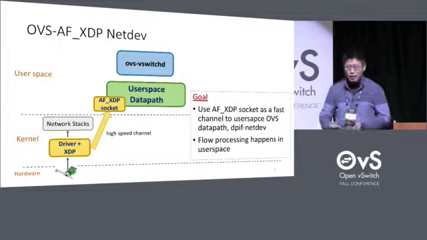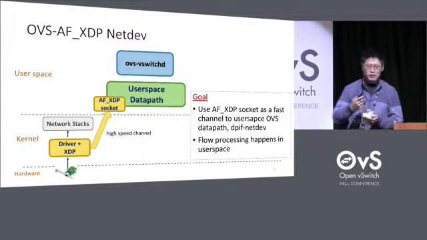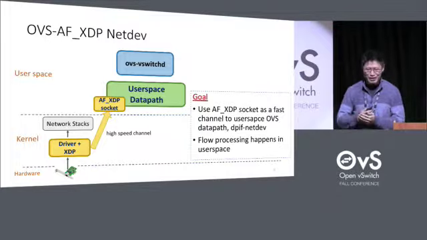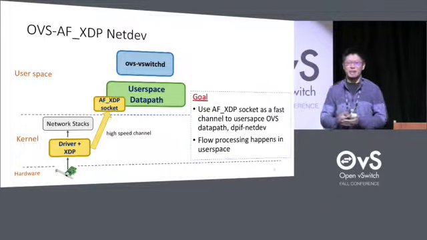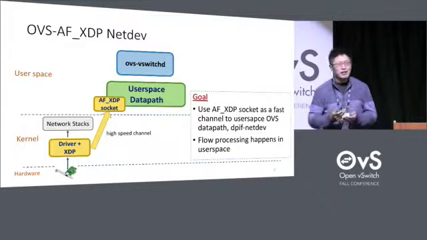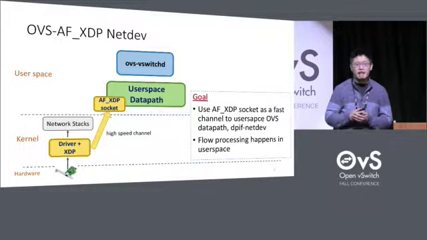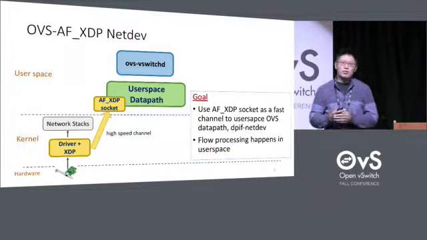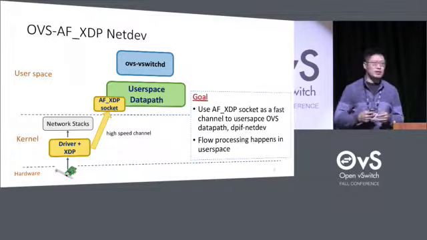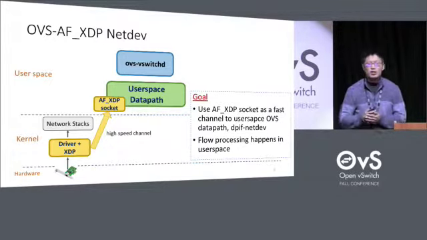When a packet comes into the NIC, the OVS AF_XDP socket will receive the packet. Once we receive the packet, we create the same interface as used by OVS DPDK today, the dpif-netdev. Then we do the rest of the flow processing, the parse, lookup, and action, in user space.